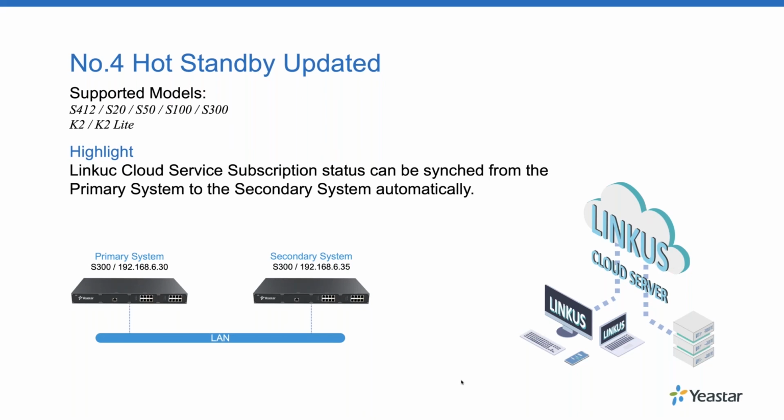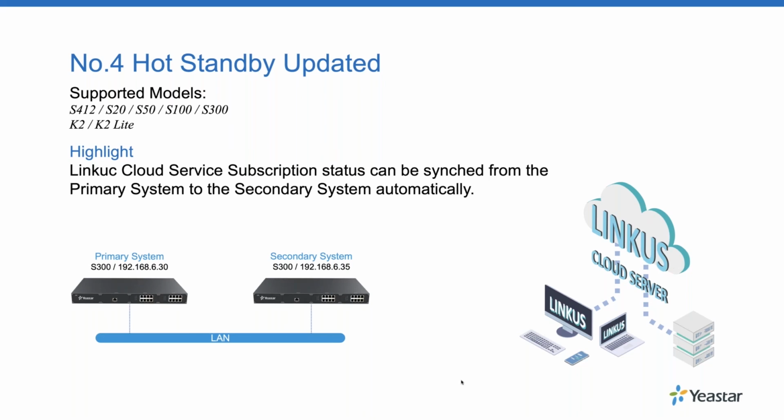You can just subscribe to Linkus Cloud Service one time on your primary system. Once you enable the hot standby feature for redundancy, your Linkus Cloud Service subscription status will be synchronized from your primary system to your secondary system automatically.